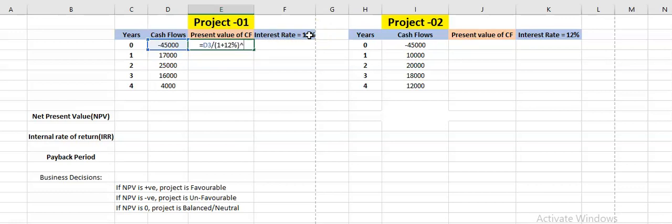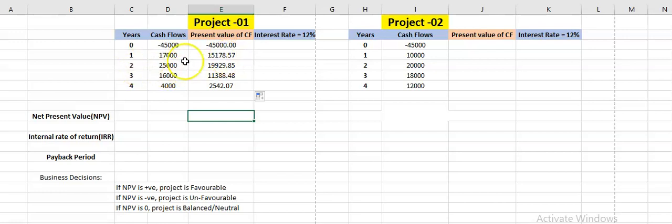Bracket close, raised to the power of the year. At year 0, the present value of the cash flow is minus 45,000, the cost of investment, because at year 0 the present value is the same as the cost of investment. We copy this, and the present value of 17,000 at year 1 is 15,178, then 25,000 at year 2, and so on, up to 199,29.85.